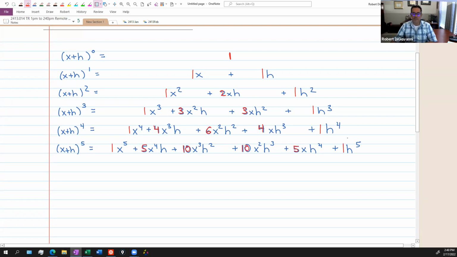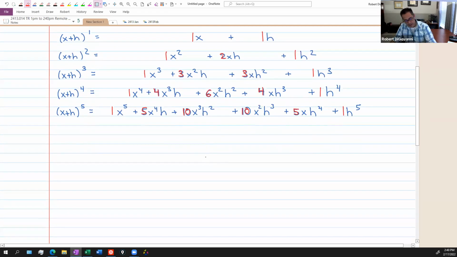You see those? I'm going to just write those numbers without all the variables. Can anybody tell me what the next row is going to be?